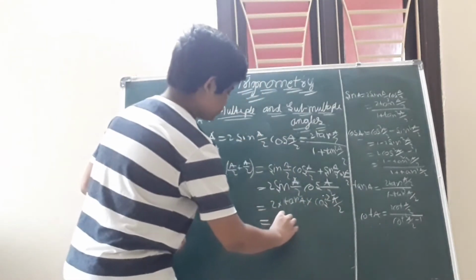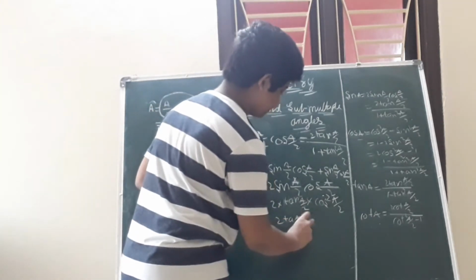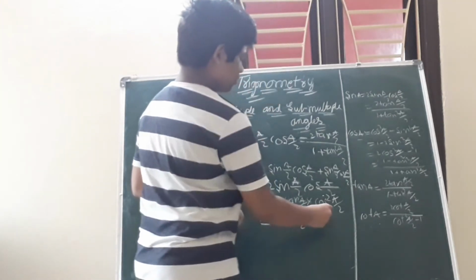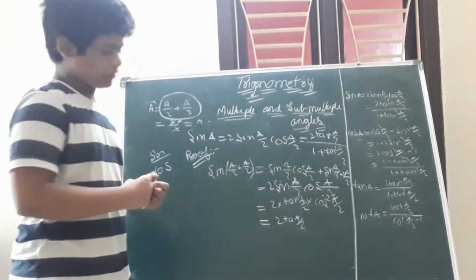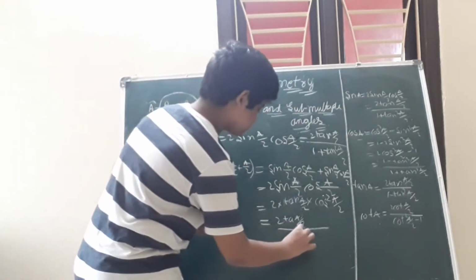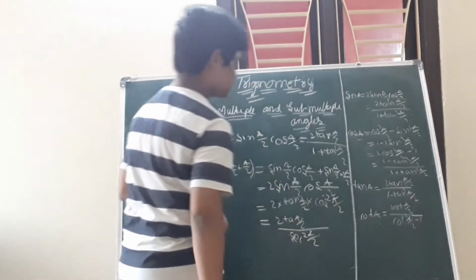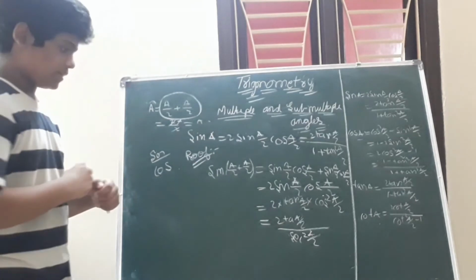So now from here, 2 tan A by 2. Now I am going to write cos square A by 2 as 1 by secant square A by 2, since the reciprocal of cos is secant.